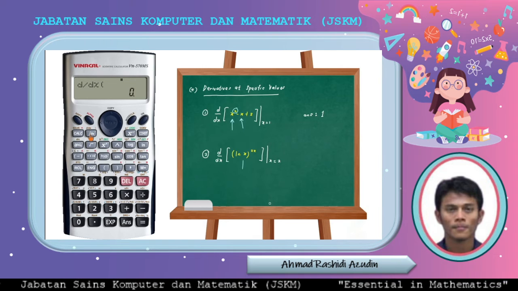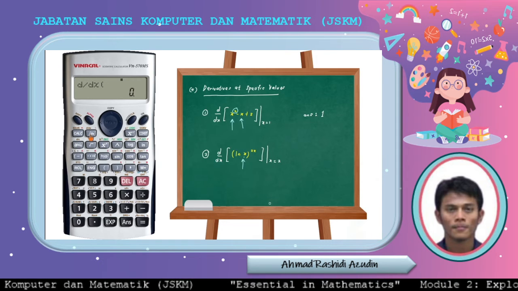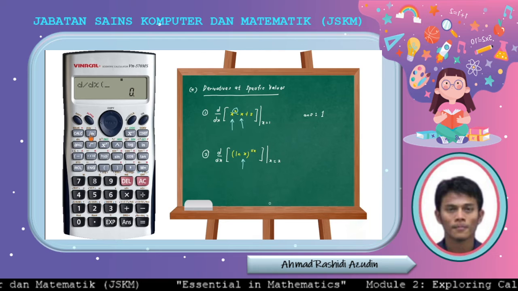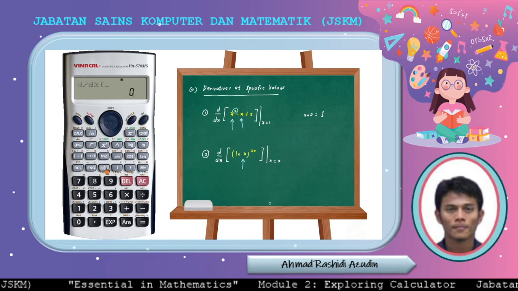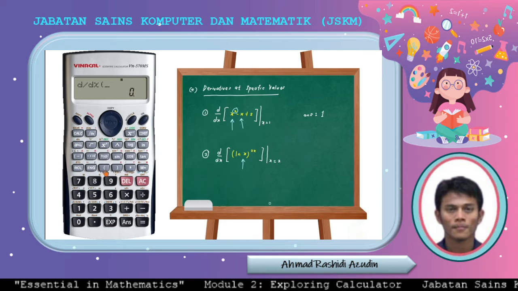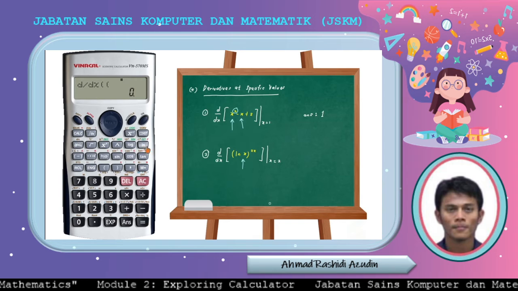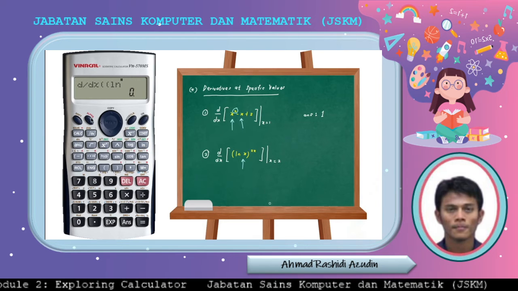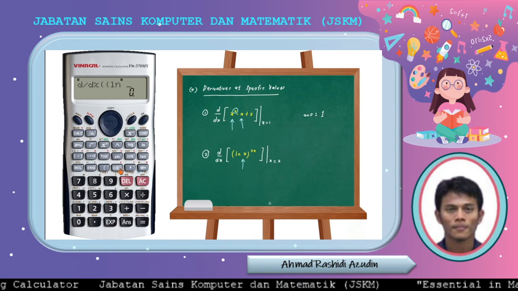Notice that the whole expression, the function ln x or natural log of x, is to the power of 2x. So we press this button, the open bracket button, then press the ln button that represents the natural log function. Next we key in the variable x: press alpha and then followed by this button.